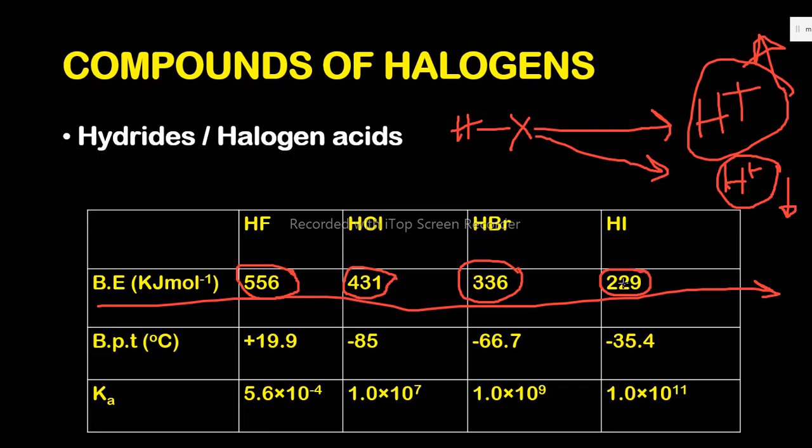And so as a result, such a weak bond is easily broken in an aqueous solution, which accounts for the increase in the acidity of our hydrogen halides, or halogen acids.